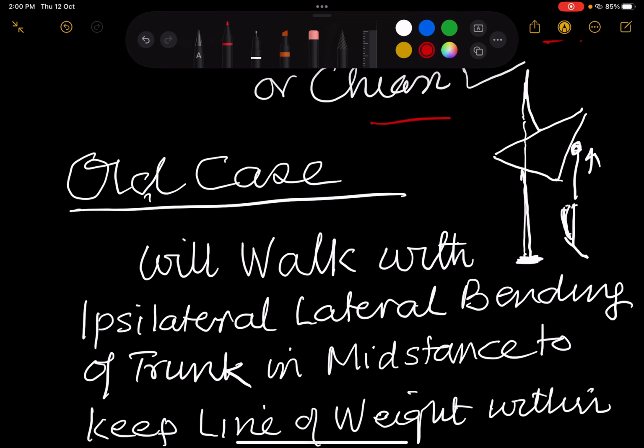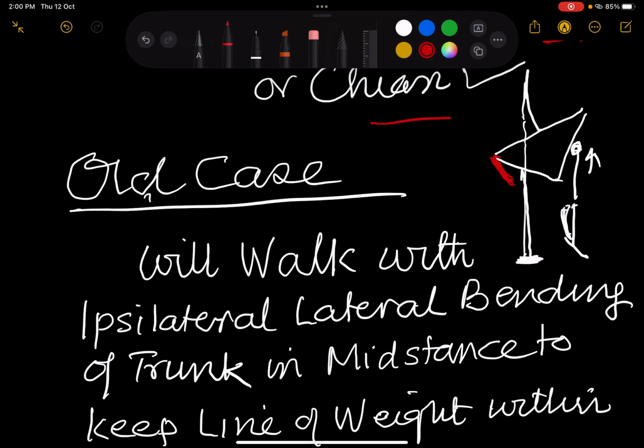This is possible because the gastrocnemius has lifted the opposite side acetabulum up in the toe break phase, and the gluteus medius of this side, acting from its insertion, is maintaining this iliac crest lower.